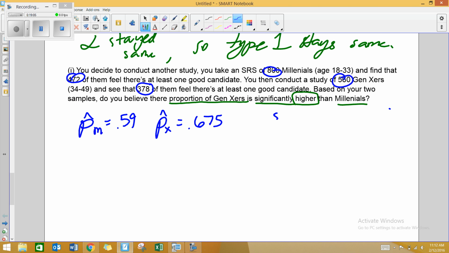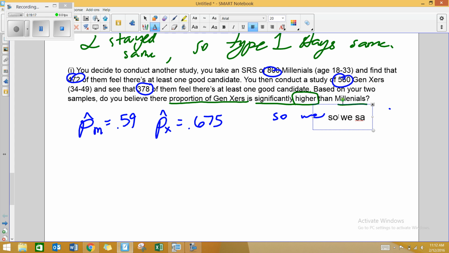Okay, so let me type this so it'll go a little cleaner. So we saw a difference in our samples of negative 8.5%, right?